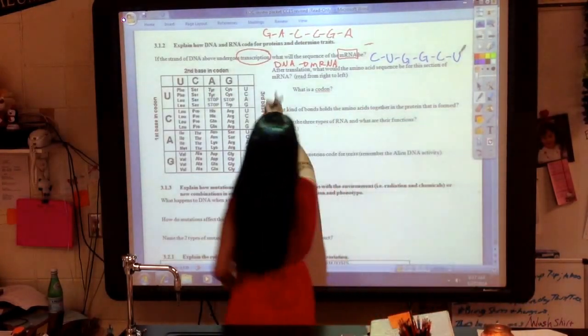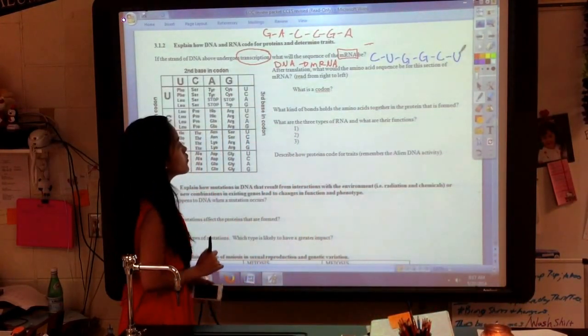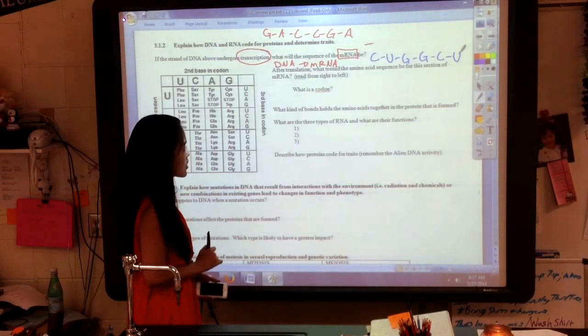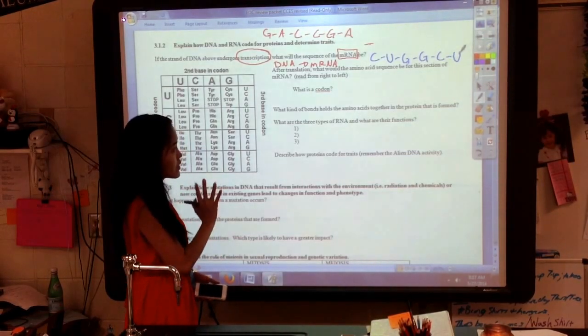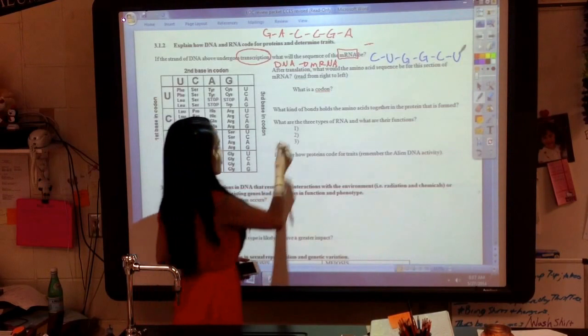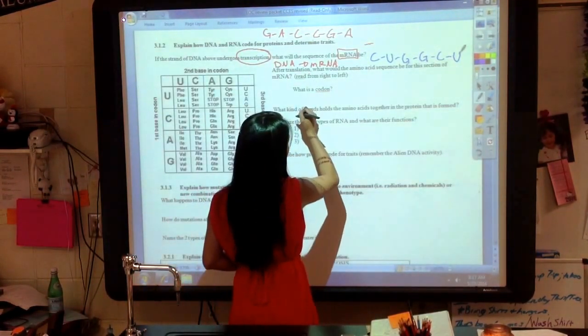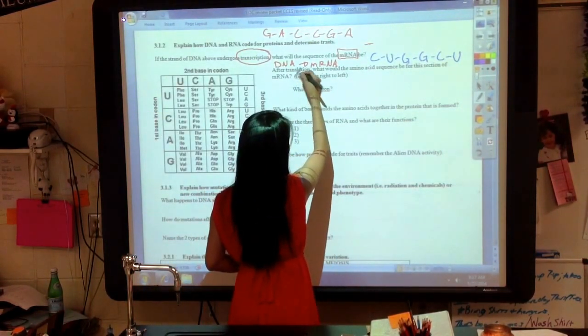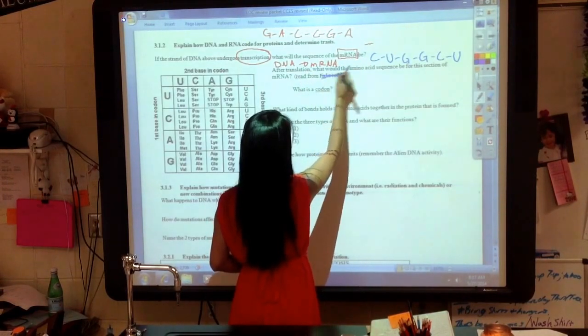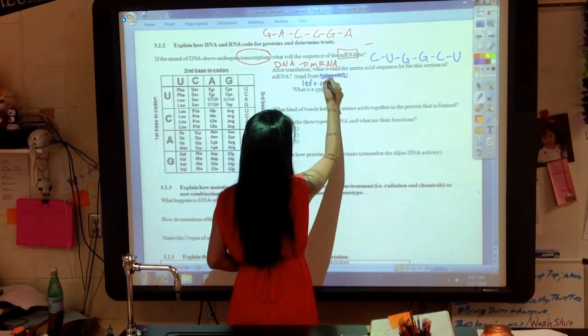Then it says, after translation, what would the amino acid sequence be for this section of mRNA? Read from left to right.